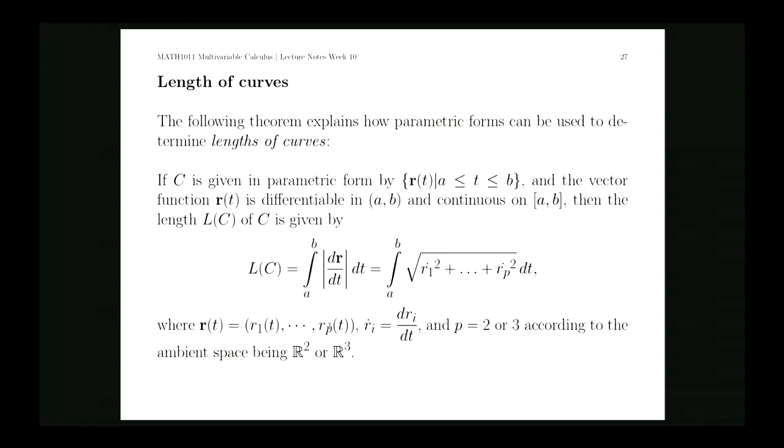So as long as I've got a suitable parameterisation, this becomes an integral in terms of t. And I've parameterised in such a way that t goes from a to b, so the integral goes from a to b. And we're just going to stick with 2 dimensions and 3 dimensions.